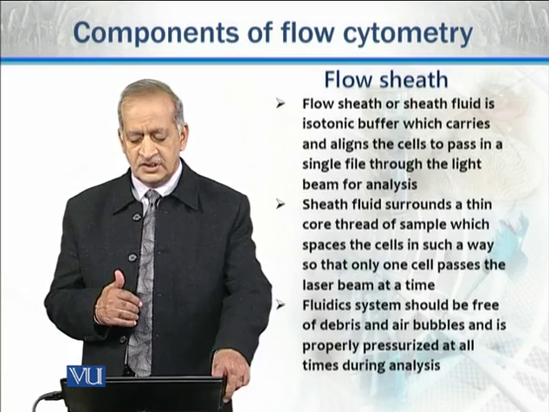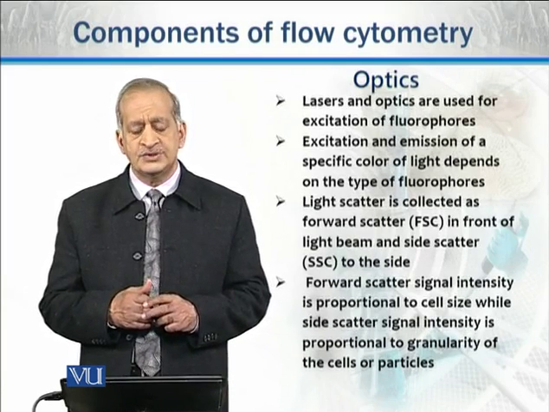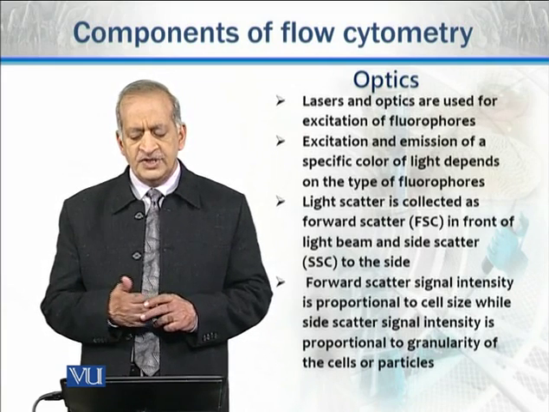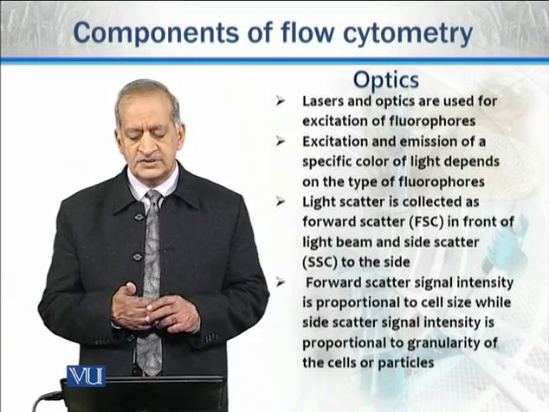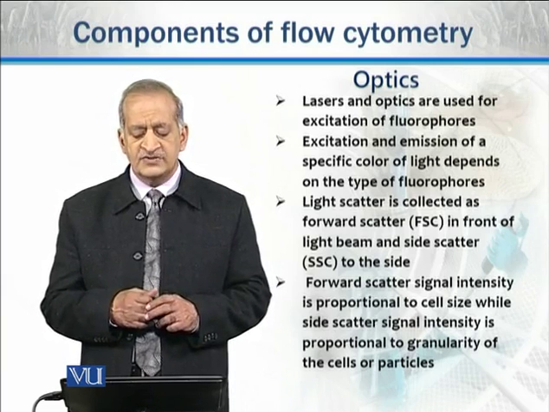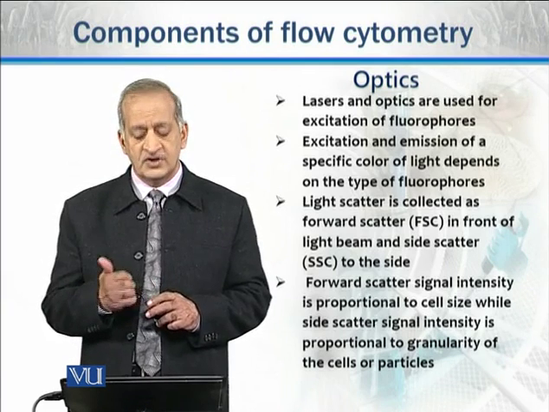through the instrument. Now, optics which are used in this instrument, lasers and other optics, they're used for excitation of fluorophores, like I mentioned earlier. Excitation and emission of specific color of light depends on the type of fluorophore which are used.